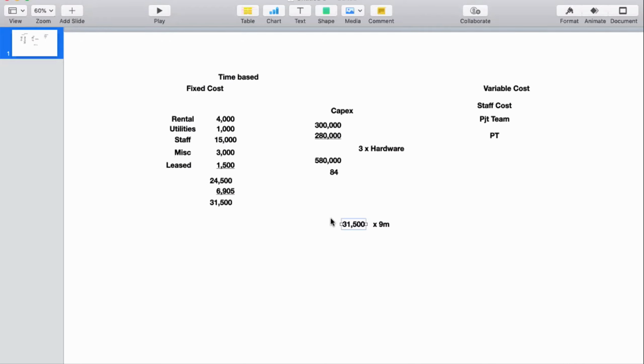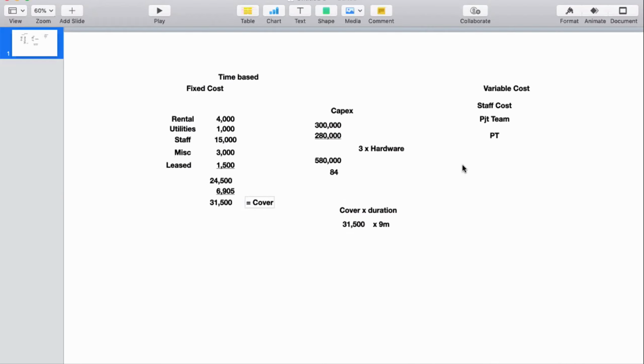In technology, if I'm doing software, I usually use per month. So apart from the fixed cost, I add in the project duration. My cost is times duration. This is the basic cost that I have to cover, and this is my duration.